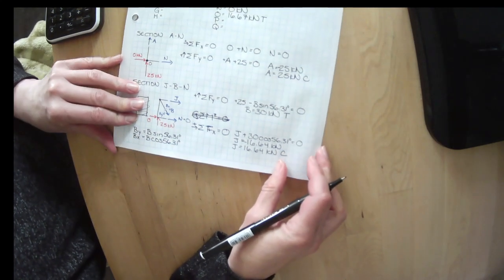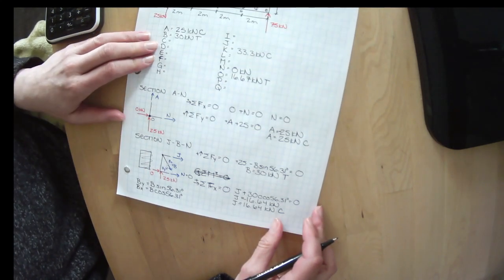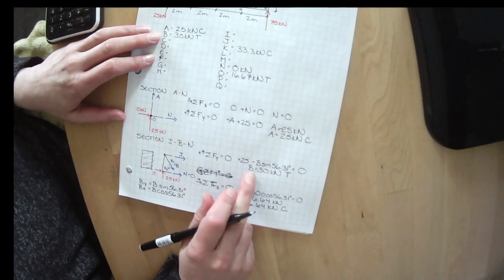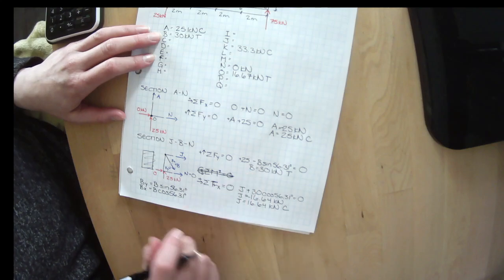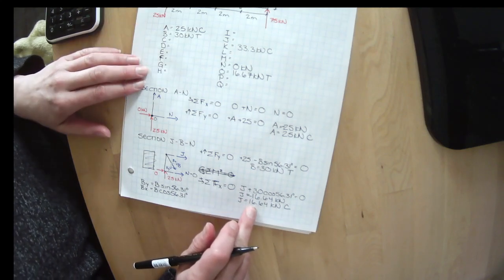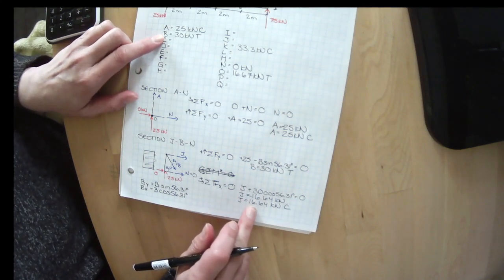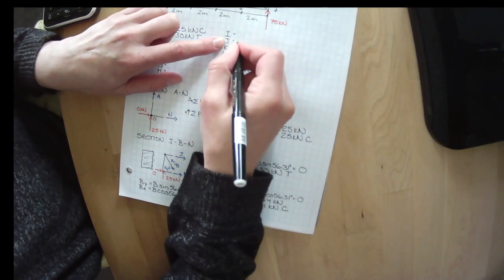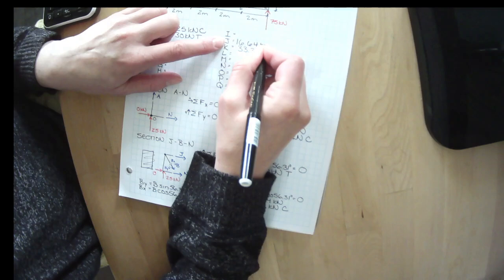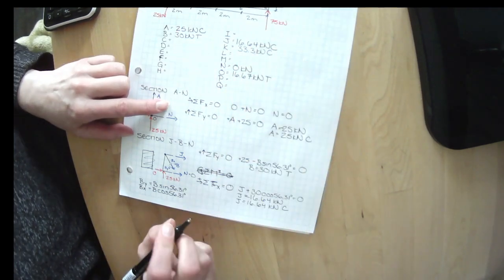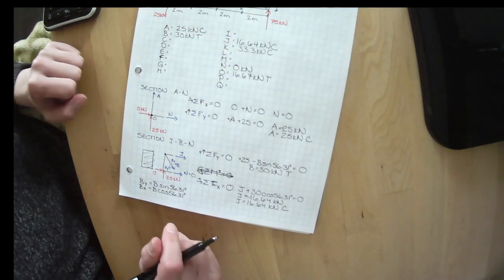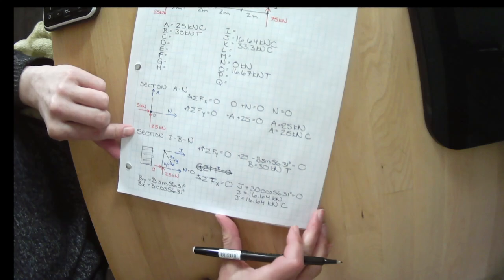All right, so we've got two more things we can fill out in here. We solved for B, and we solved for J. So we filled in B, and now we can fill in J. We've got 16.64 kilonewtons in compression. So now we've got 6 elements that we have solved for.